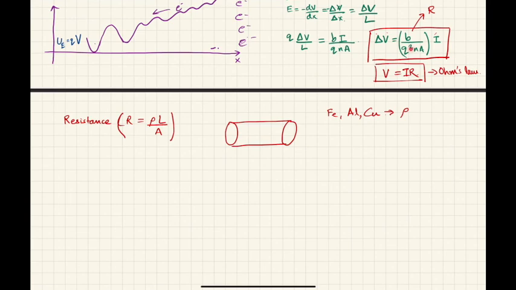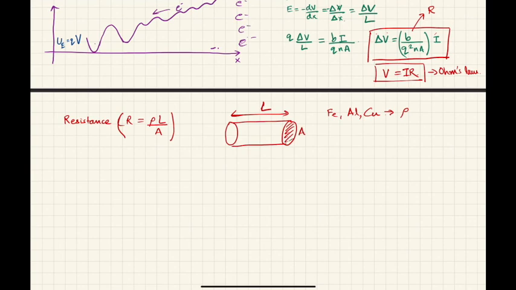and things like how many charge carriers there are, what the density of electrons is, and so on and so forth. So those depend on what the material is, and the resistance itself is given by the length of the wire and the cross-section area of this wire.